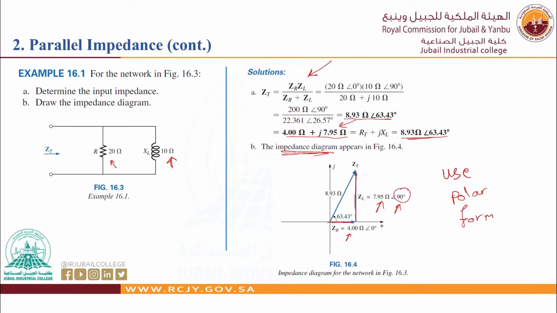So the magnitude is 7.95, and this is the total impedance of this circuit. Don't worry about the angle of the total impedance now. We already calculated it. This is the angle of the total impedance, and this is the magnitude.